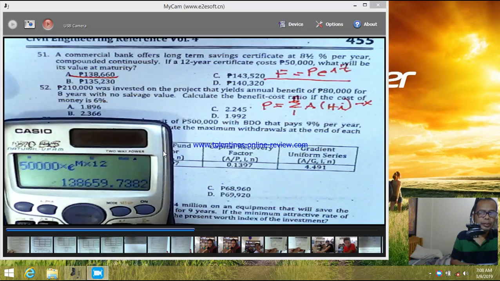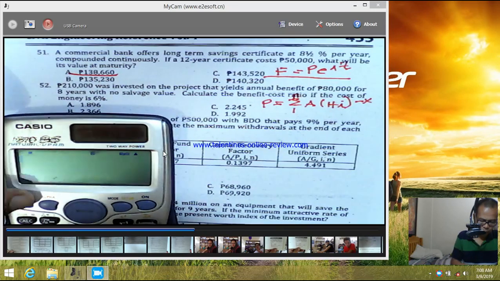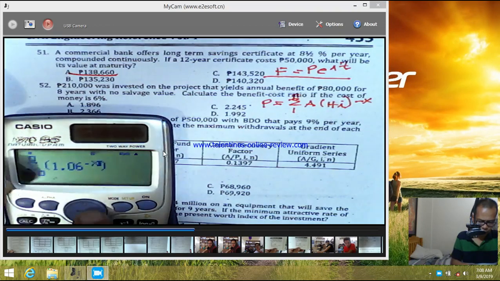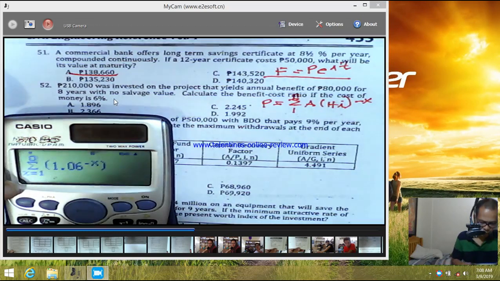So just compute the summation of 1.06, our interest is 0.06, raised to the negative x from 1 to the number of years, which is 8.